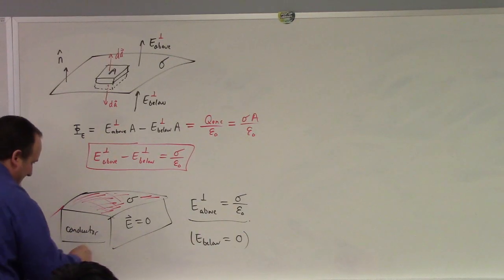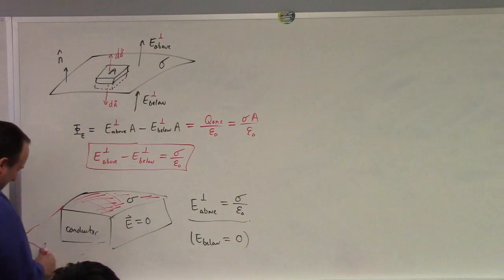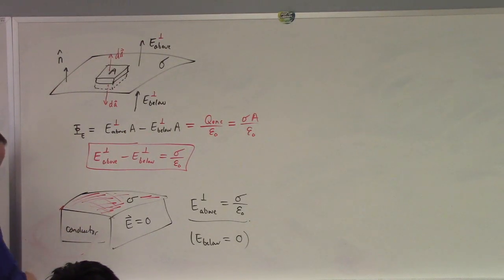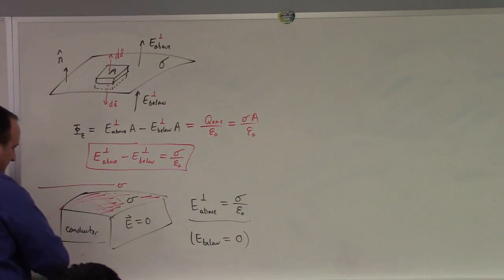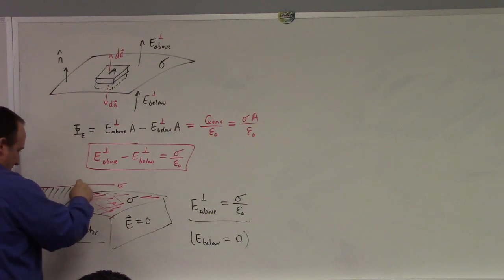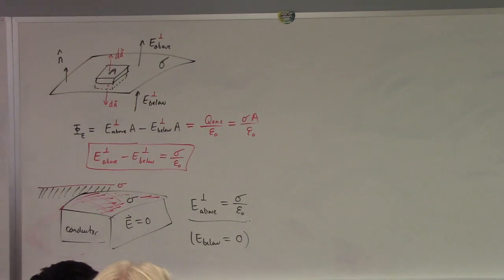I can't draw it. I don't mean this to be a loaf of charge, I mean a loaf of conductor. Another picture of this would be, here's the charge, and the conductor is all down here. So my electric field perpendicular above must be sigma over epsilon.